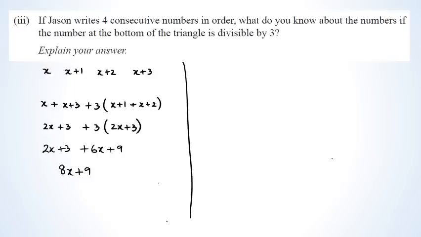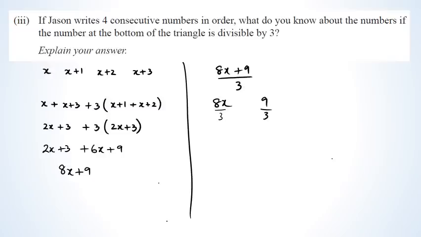Now it says the bottom number is divisible by 3. So 8x plus 9 is actually divisible by 3. Now I can see that 9 can be divided by 3. But for 8x to be divisible by 3, because I can't do 8 divided by 3, x has to be a number that's divisible by 3.